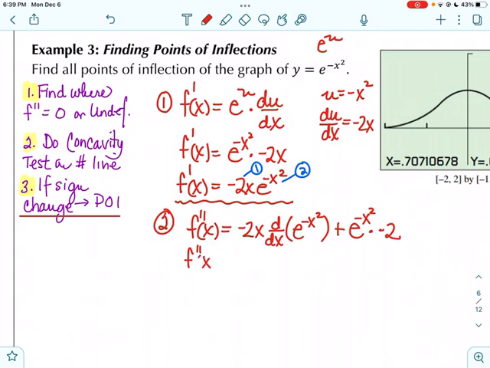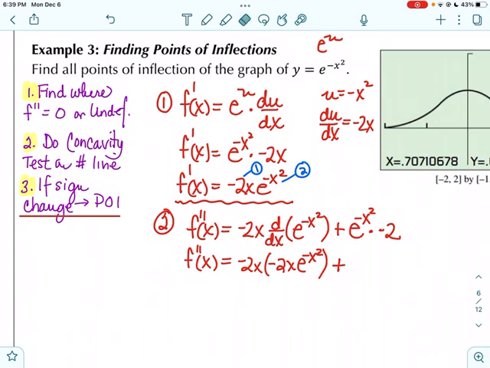Okay, I'm going to simplify, but let me get this worked out here. So I have f double prime of x is equal to negative 2x, and I've got the derivative of e to the negative x squared, which is the first derivative, right? So it's going to be negative 2x e to the negative x squared, and then I've got plus e to the negative x squared. I could rewrite this too, just for a little bit of ease here.